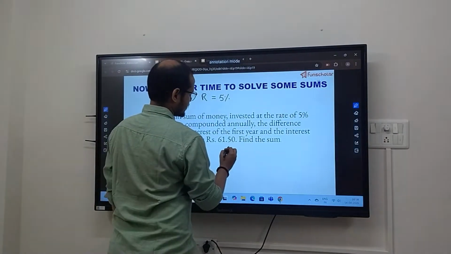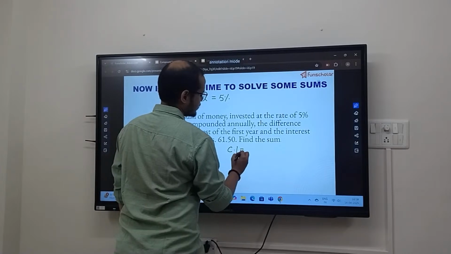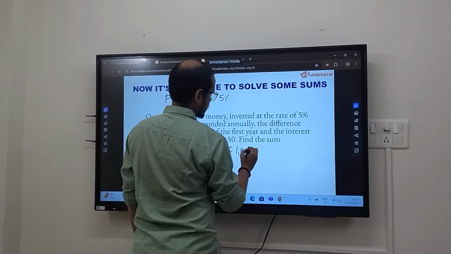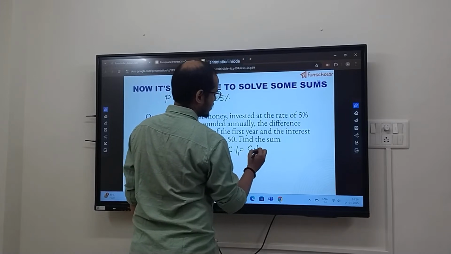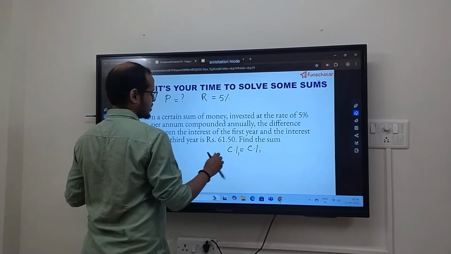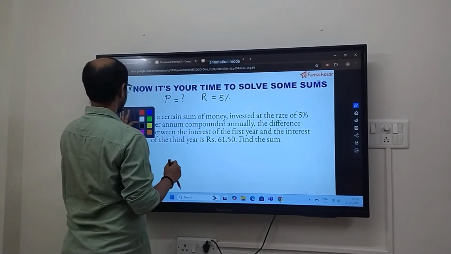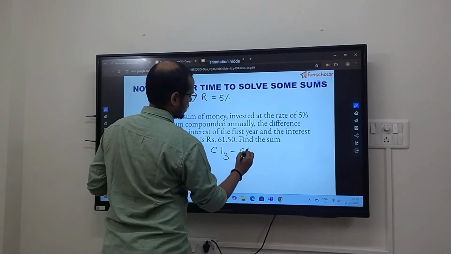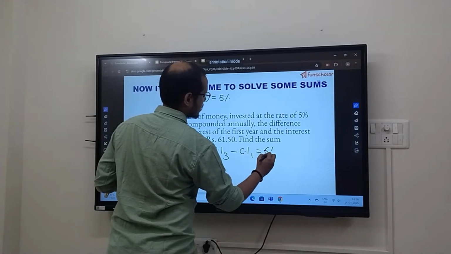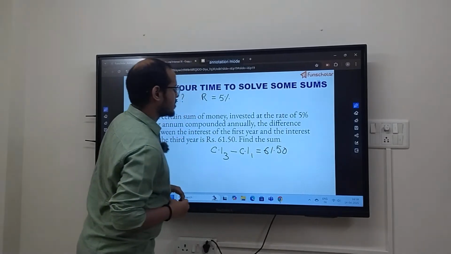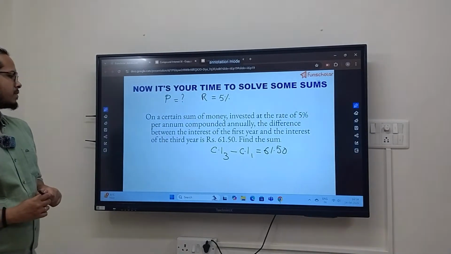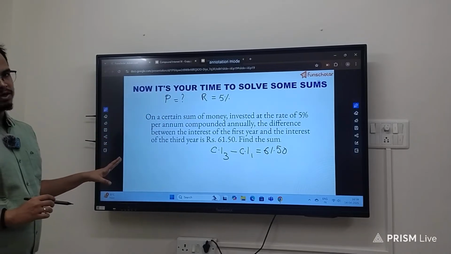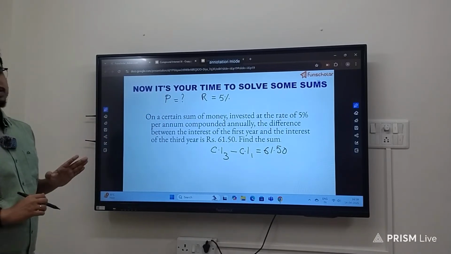So CI for the first year, let me write it down. CI for the third year minus CI for the first year is going to be 61.50. These are the things that are given in this particular sum. Now we have to solve for and find the principal amount.